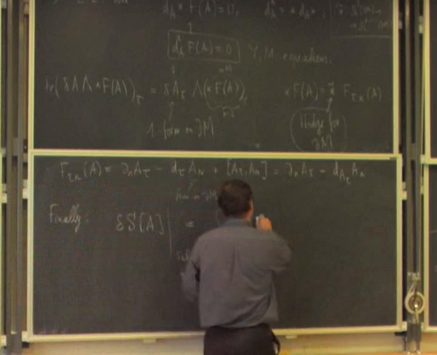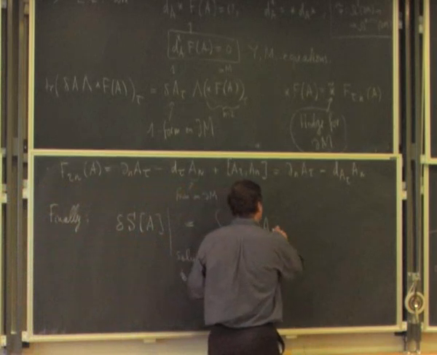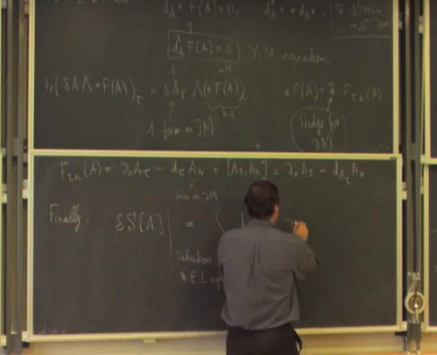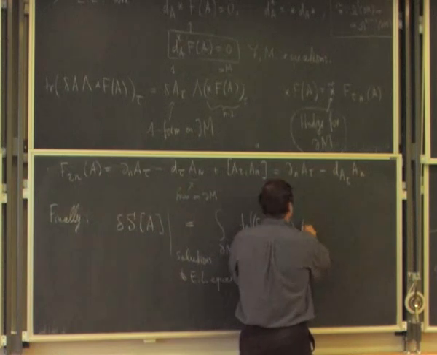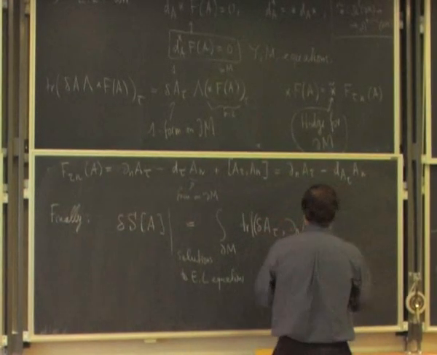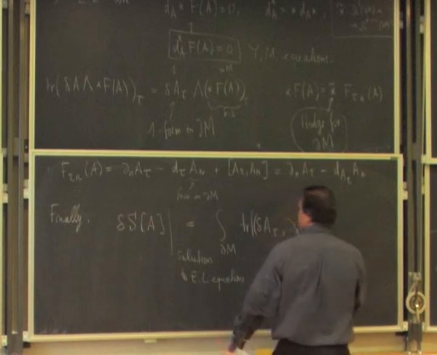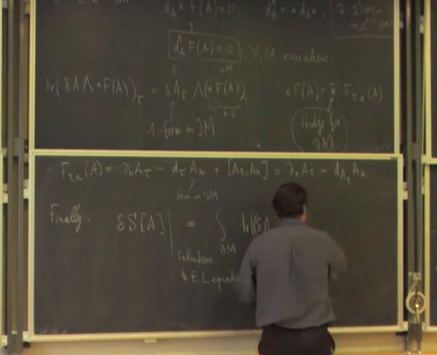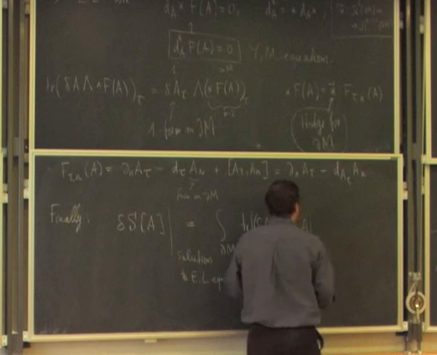In this case I prefer to use the scalar product. A tau, d n a, the normal component.